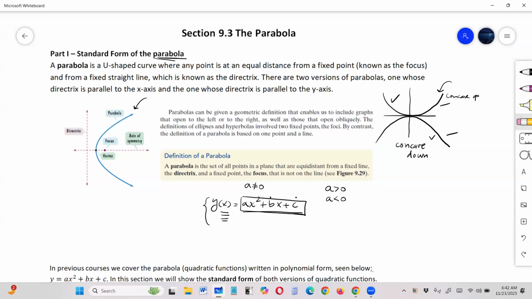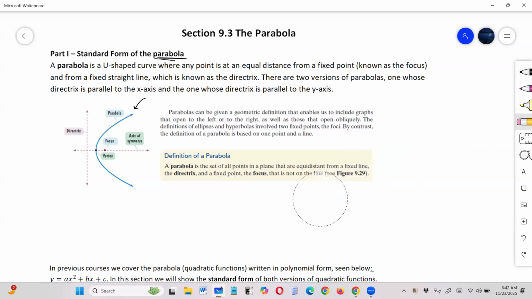In this course, in a pre-calculus course or a more advanced course, we have a situation as you see over here. Okay, so this is also a parabola, and it's opening to the right. So we can either have a parabola that opens to the right or a parabola opening to the left. We'll discuss that in a couple of minutes.